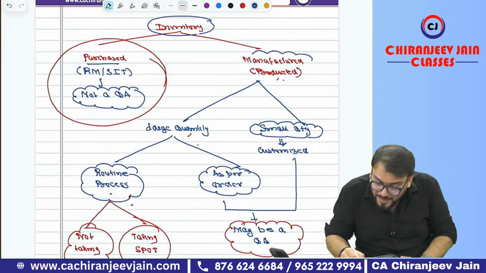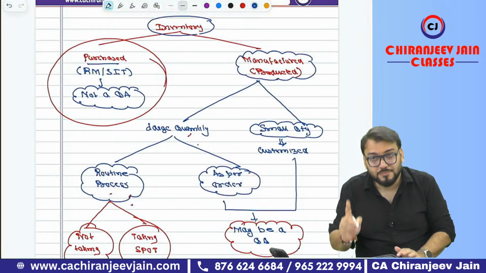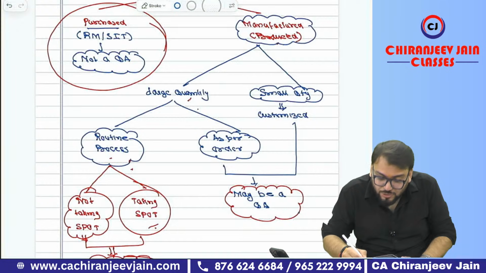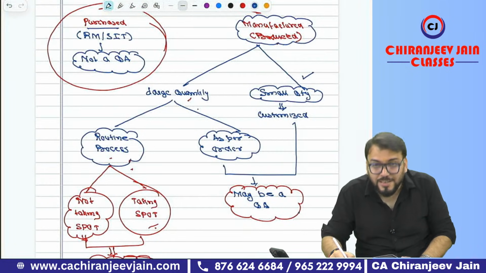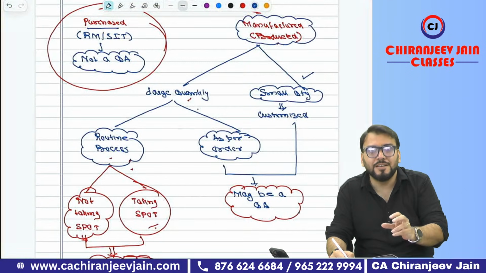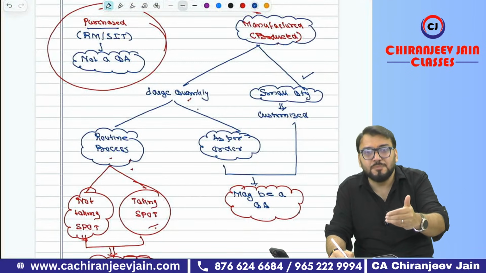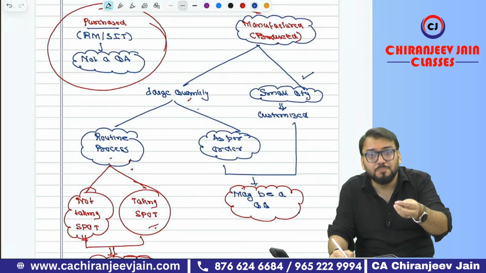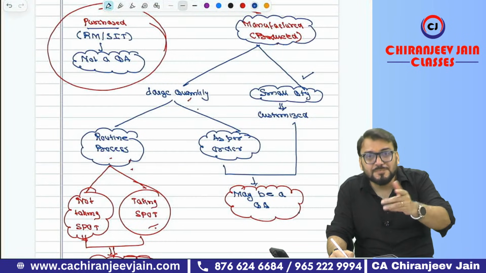But if it is manufactured or otherwise produced, there can be two cases. If it is produced in a very small quantity, one by one, it is always an expensive item. For example, a shipbuilding company will manufacture aeroplanes one by one, an expensive item.